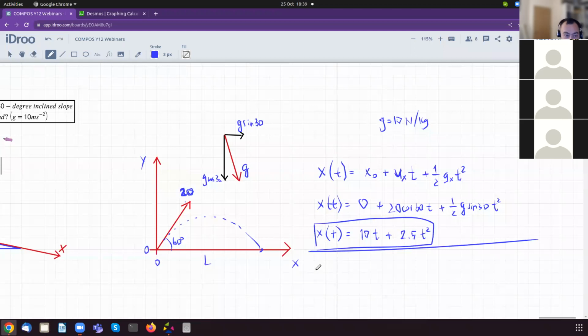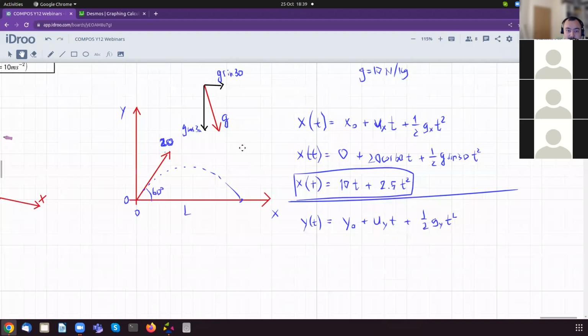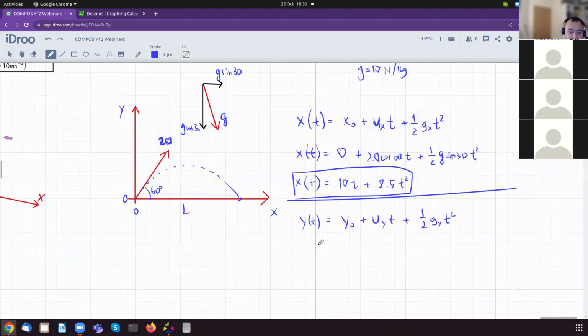And now we have the vertical, y of t. It's again y0 plus uy t plus 1/2 gy t squared. Okay, so here we need to be careful with the directions.